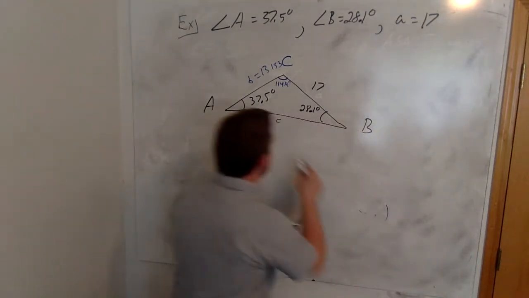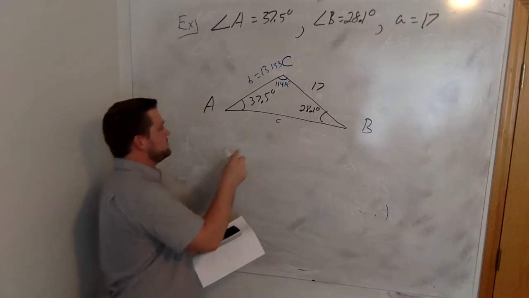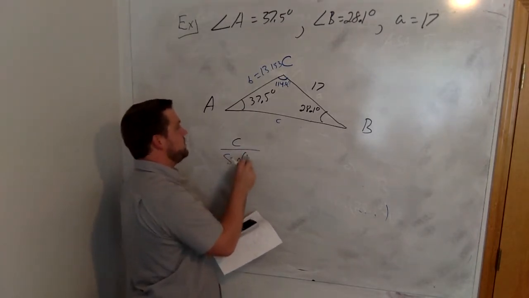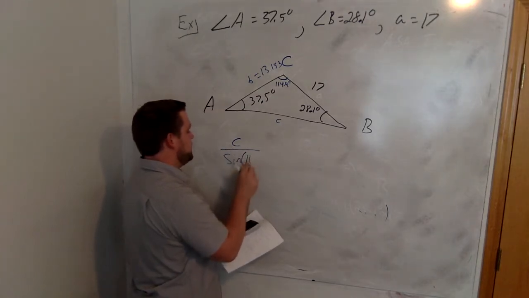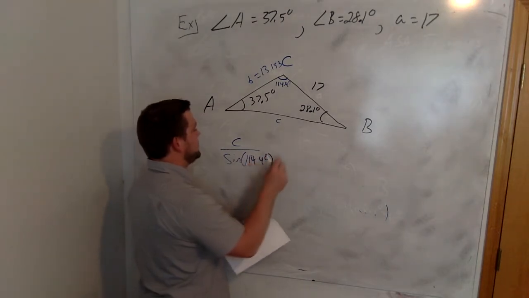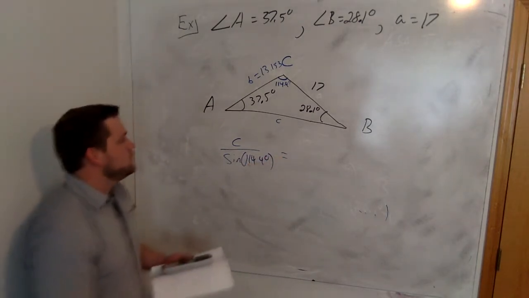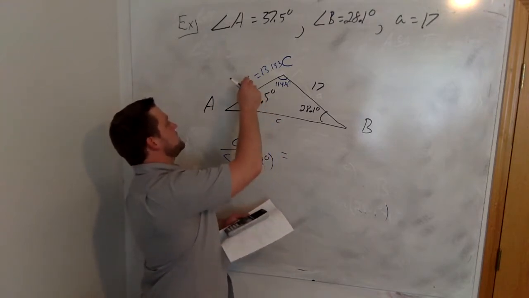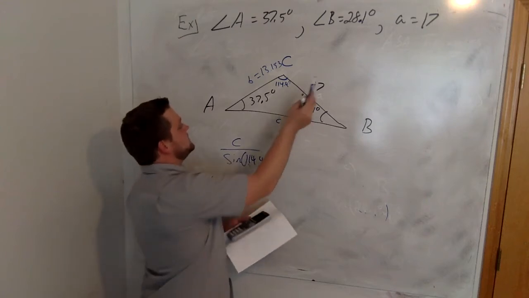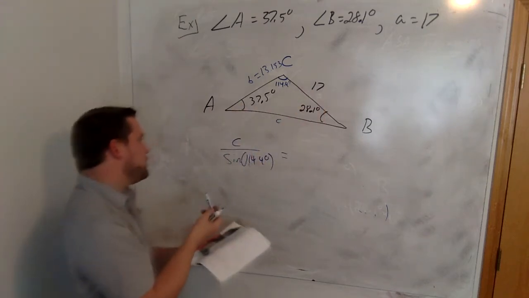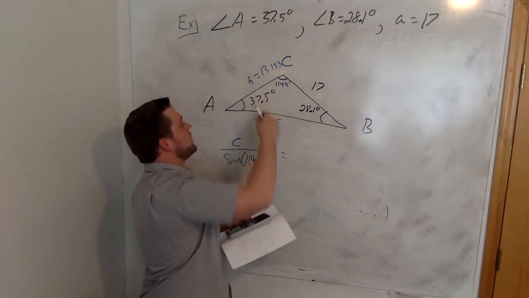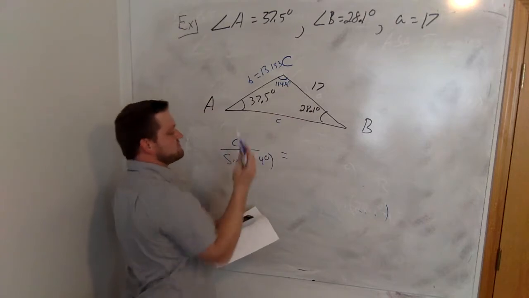So now we can figure out side length C here. Notice that I could say C over the sine of 114.4 degrees is going to be equal to either side length B over the sine of angle B, or side length A over the sine of angle A. Either should work, but since I rounded this B value, I'm going to work with A since I know it's exact.